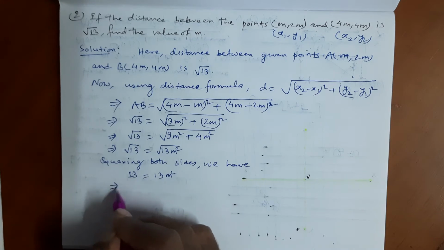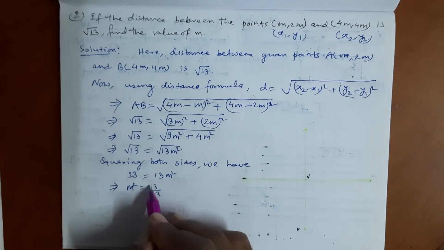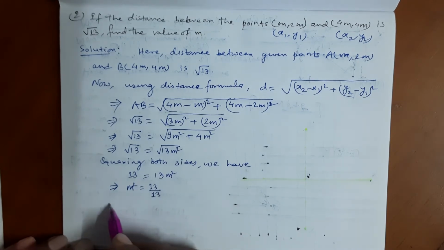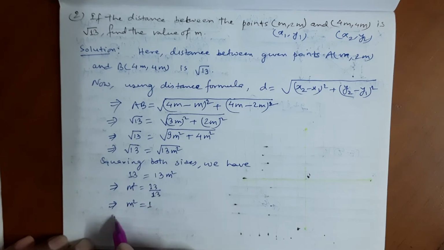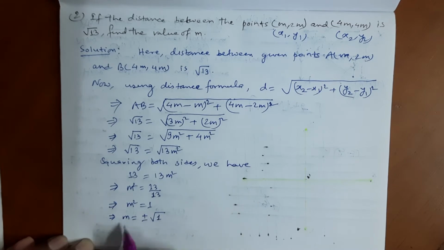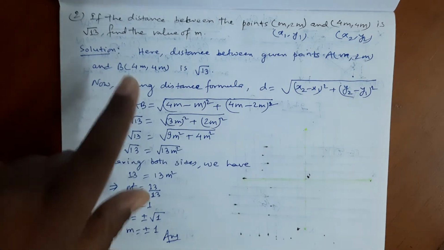So 13 equals 13m square, m square equals 13 over 13. Dividing both sides by 13, 13 ones are 13, m square equals 1, and this implies m equals plus minus root over 1. Therefore m equals plus minus 1. So this is the value of m. In this way we have found the required value of m.